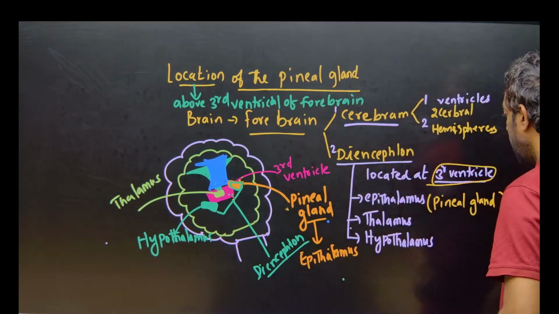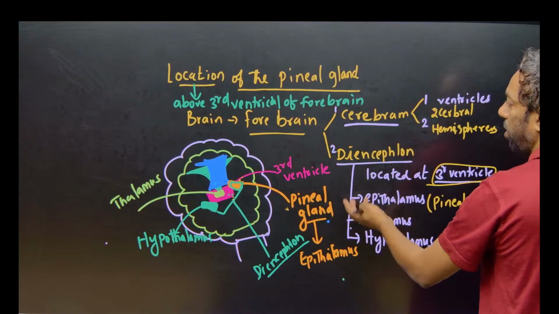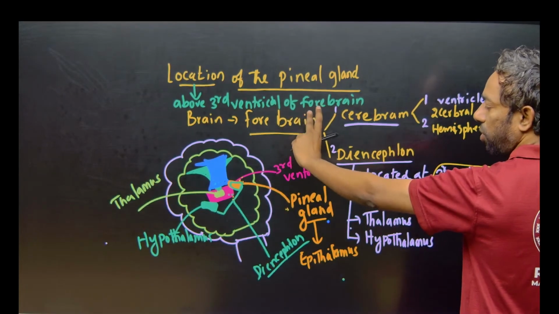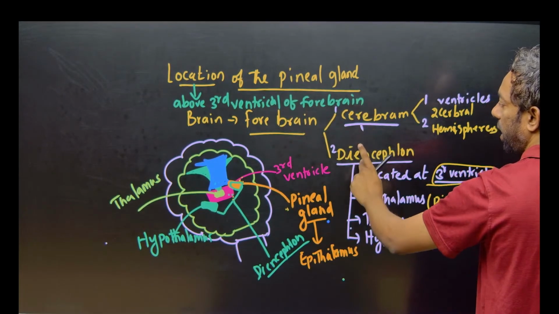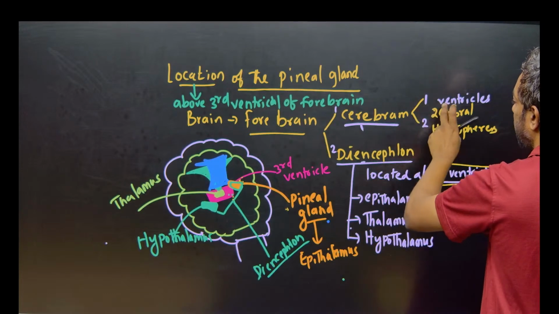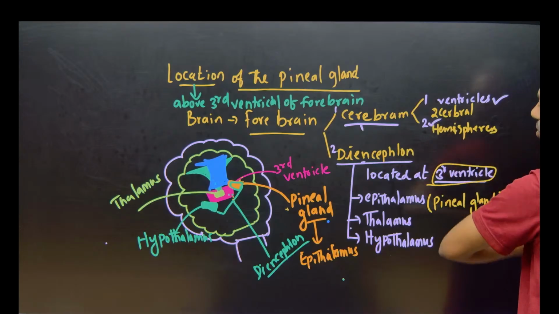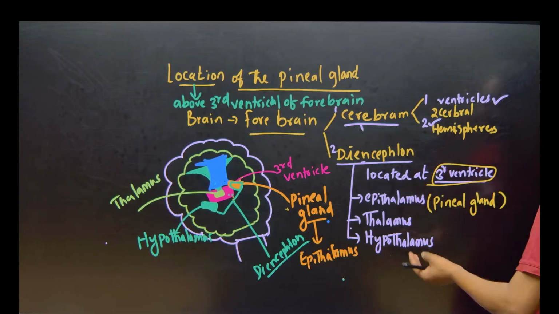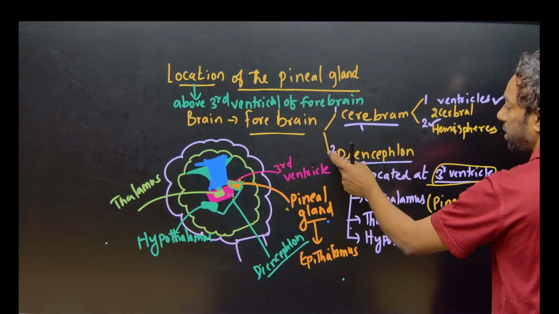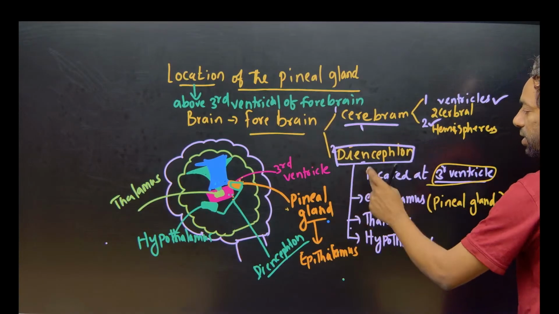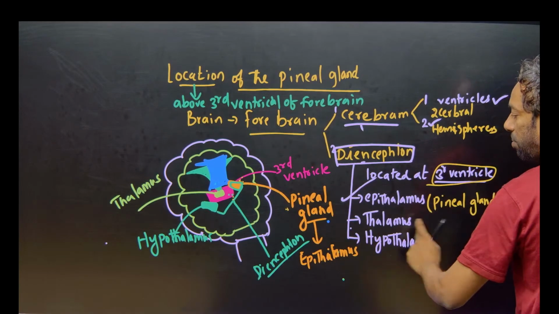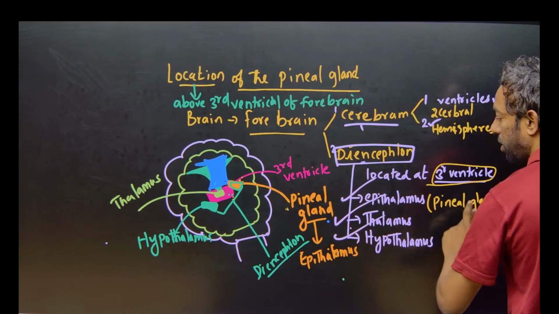It is part of the diencephalon. Forebrain has two parts: cerebrum and diencephalon. Cerebrum has two cerebral hemispheres, with ventricles in them. The other part of the forebrain is the diencephalon, which includes three parts: epithalamus, thalamus, hypothalamus.